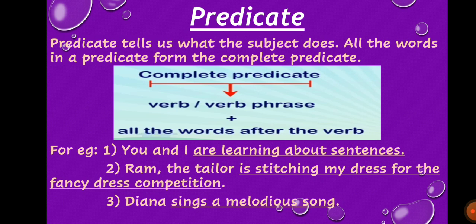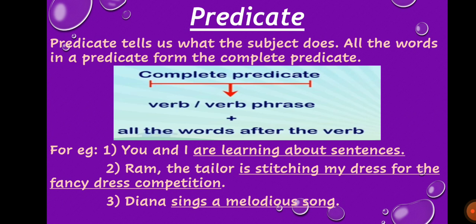First one, you and I are learning about sentences. In this sentence, we can see that are learning is a verb phrase, and the words following after the verb phrase, about sentences, make a predicate. That is, are learning about sentences makes a predicate in a sentence.